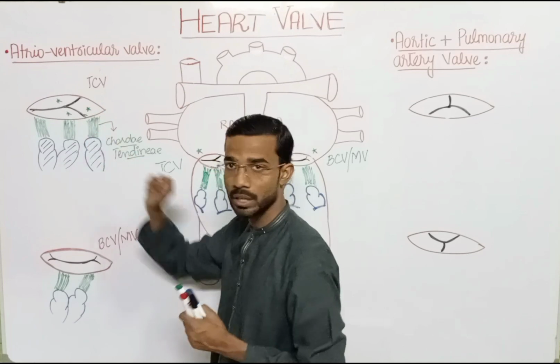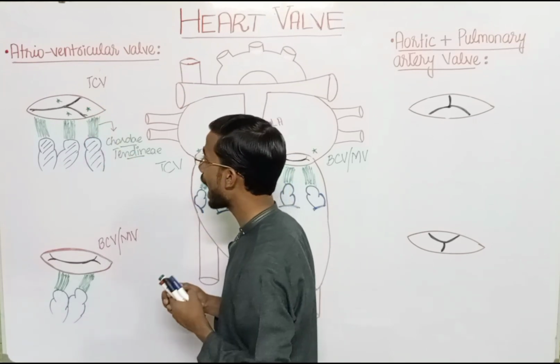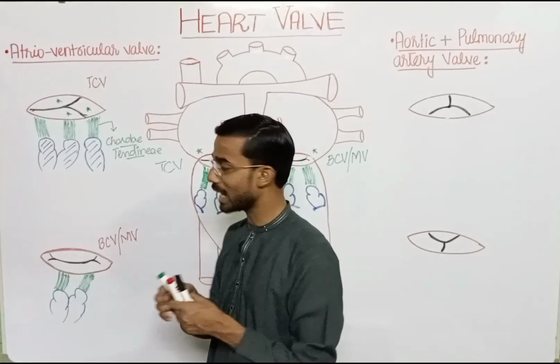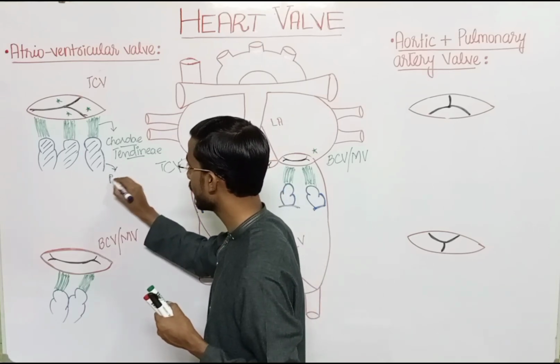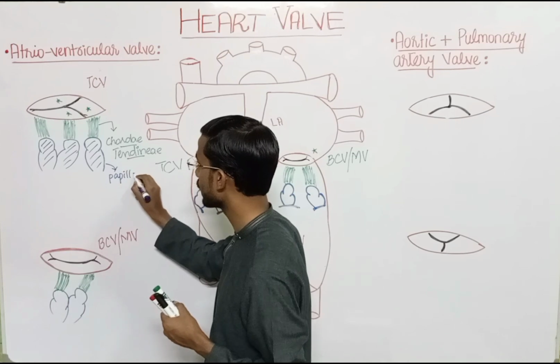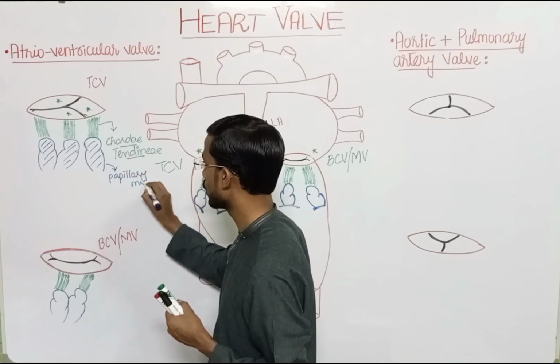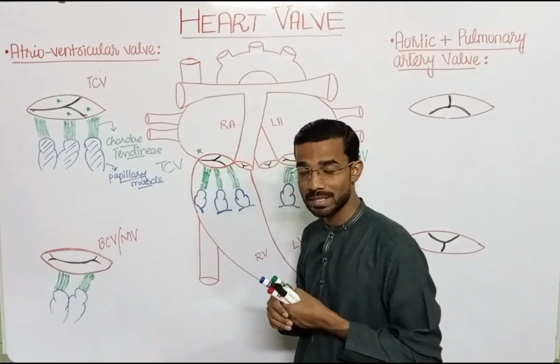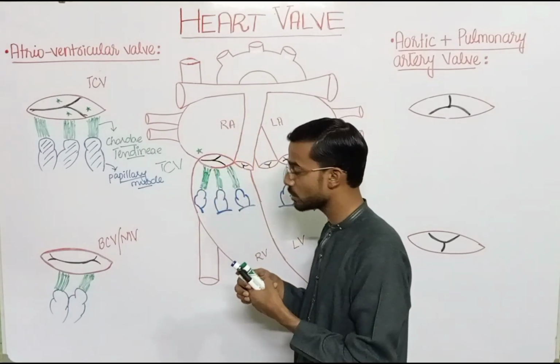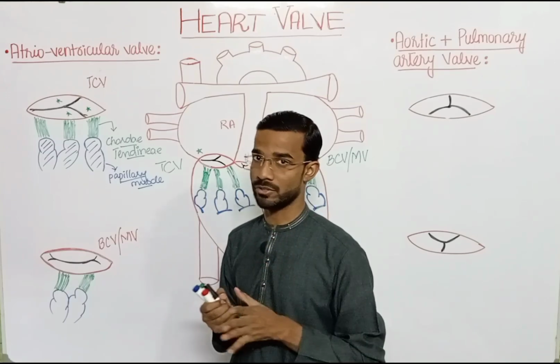Three valve cusps, three tufts of chordae tendineae, and the chordae tendineae are further attached to the papillary muscles. Here are basically the papillary muscles, and these papillary muscles are present in the ventricle.